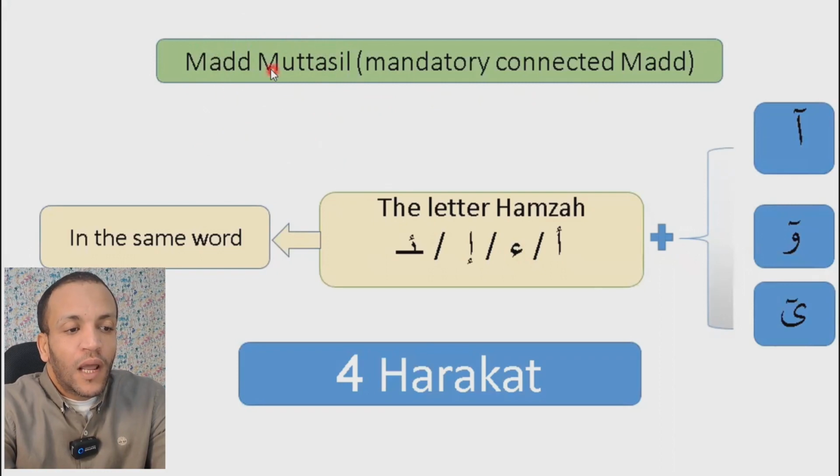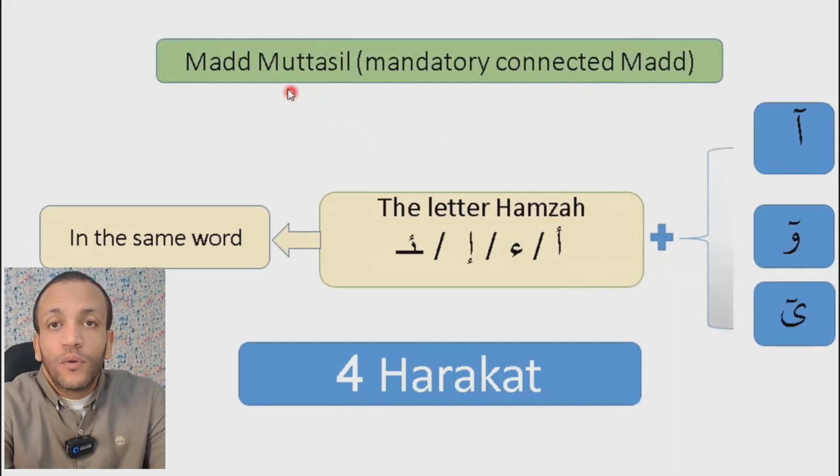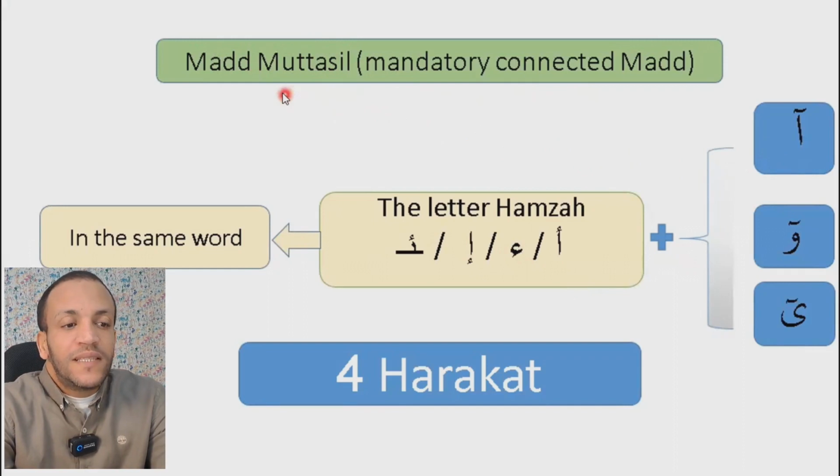So when we apply, I will tell you, for example, in this case, you should apply Madd Muttasil. I want you to learn these names in Arabic also because the books of Tajweed, and any other videos about Tajweed, normally use the names in Arabic. So try to memorize the names of the rules in Arabic. Madd Muttasil is our topic today.